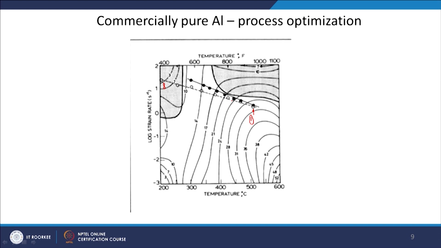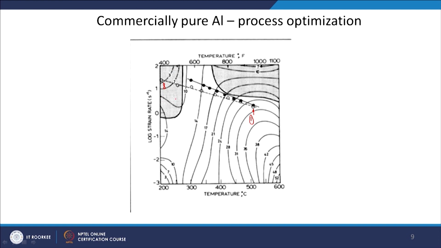At the same time, the strain rate of the deformation is also increasing as you go through multiple passes. So, the temperature was higher here and the strain rate was low, and then the temperature is coming down and the strain rate is increasing. This was the initial process. You can see that the unstable region is there in the last passes.